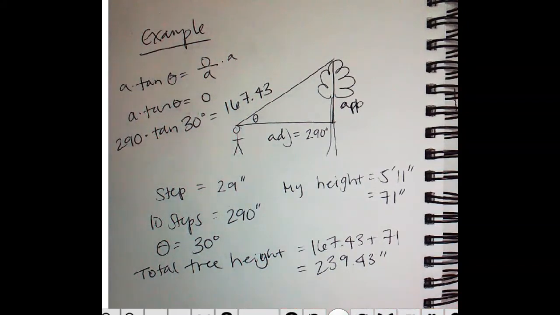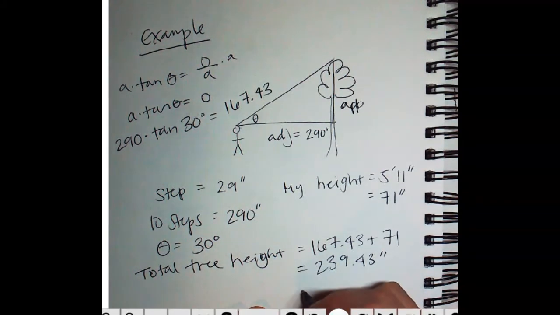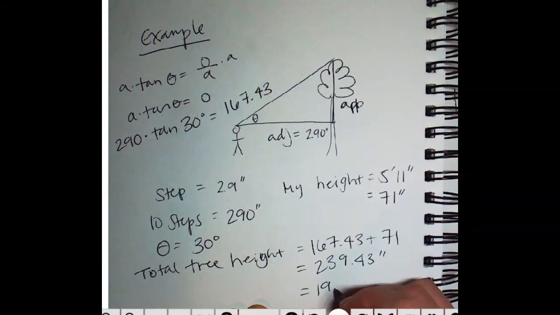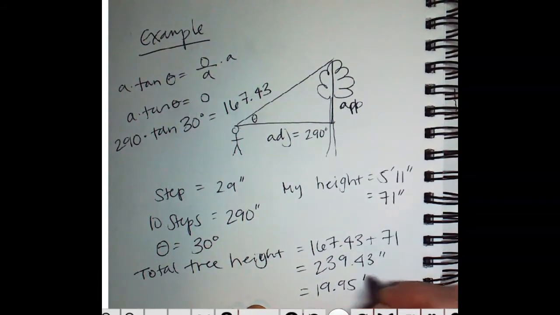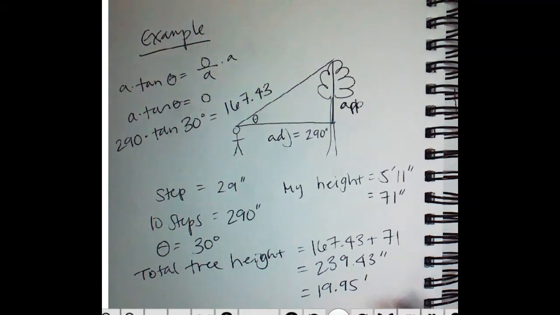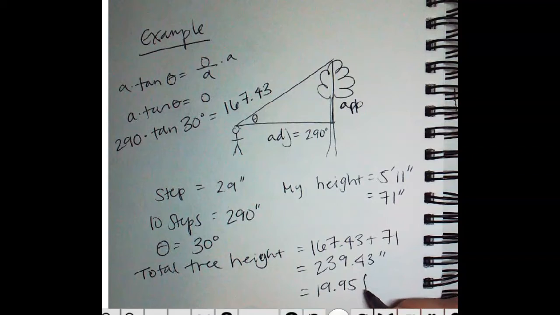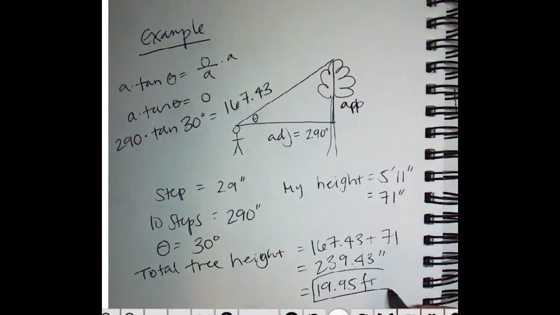I don't know what that is. Let's go convert it to feet. Just divide that number by 12. 239.43 divided by 12 is 19.95. 19.95 feet. So this tree is almost 20 feet tall.